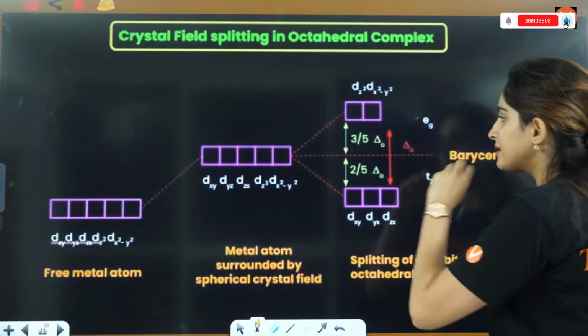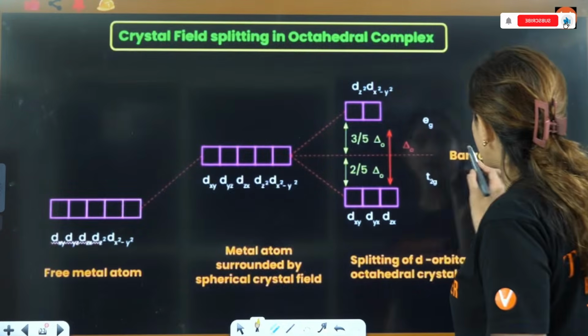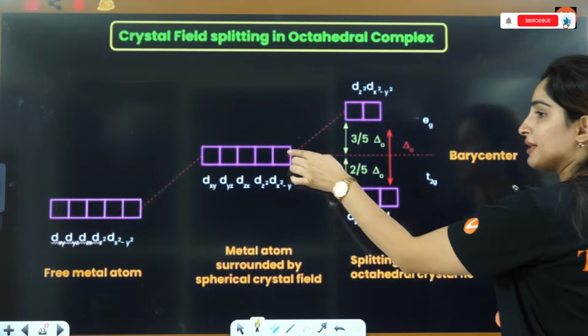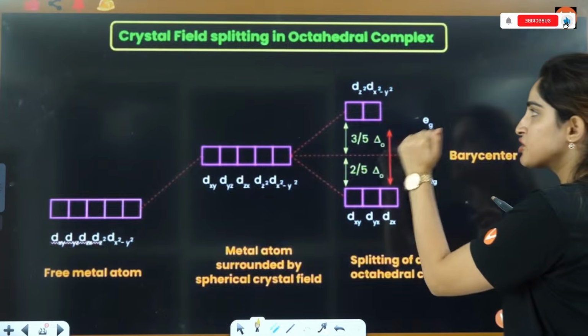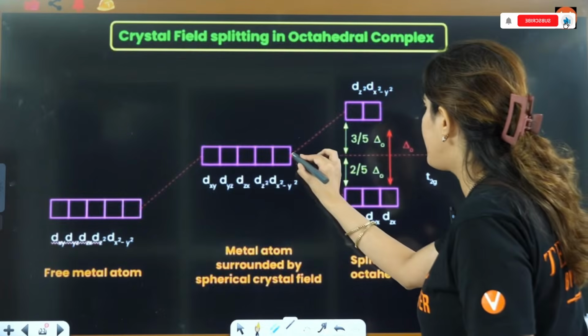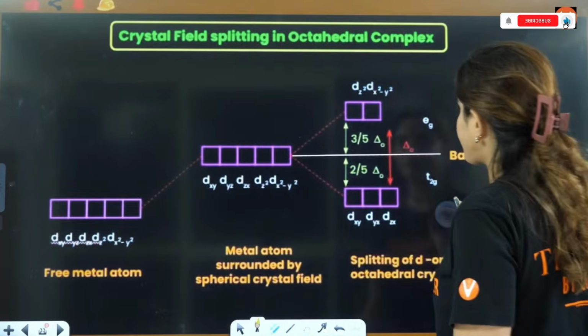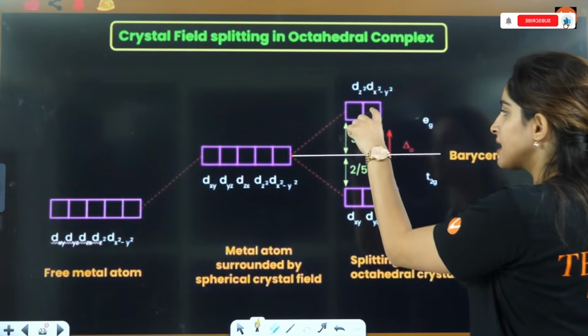Now in this splitting, there is a thing called barycenter. Barycenter is the level when they were all degenerate with high energy. From the barycenter, we will define the amount of energy that increases and decreases.